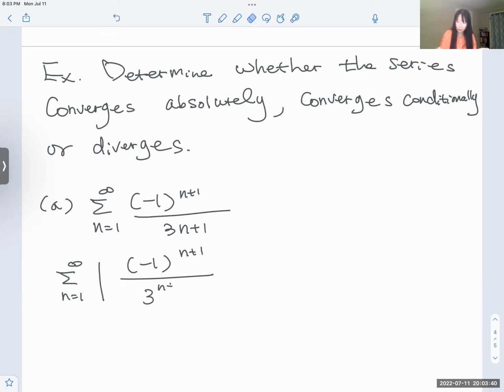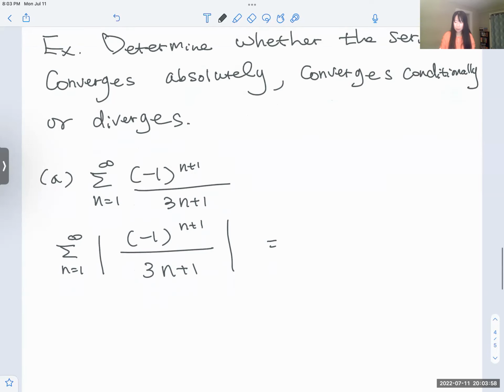If we take the absolute value, there is no alternating sign, so it's just 1 over 3n plus 1.